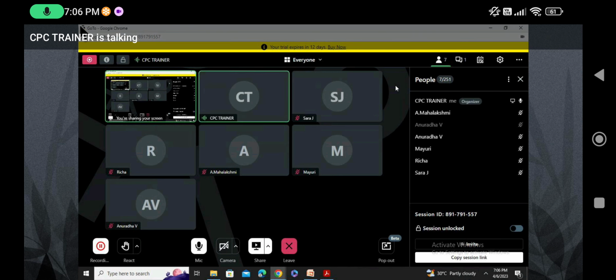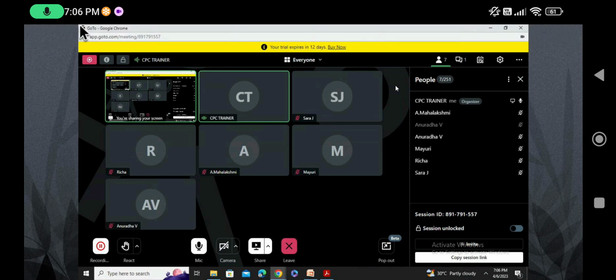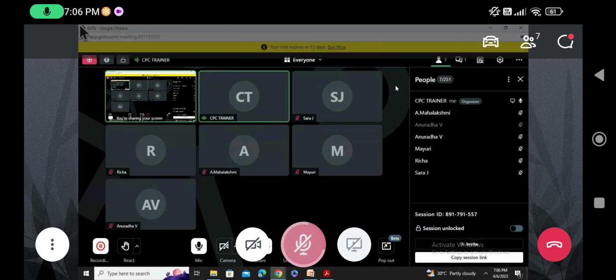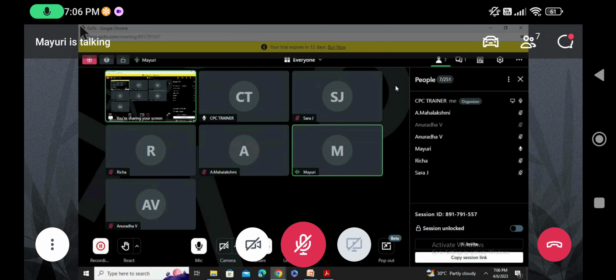What is the code for basic metabolic panel calcium ionized, guys? 80047. Yes, 80047. And what is the code for comprehensive metabolic panel? 80053. Yes, 80053. Okay, so you guys note down that.